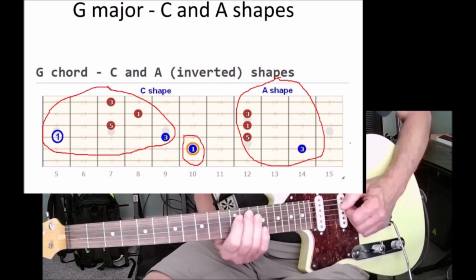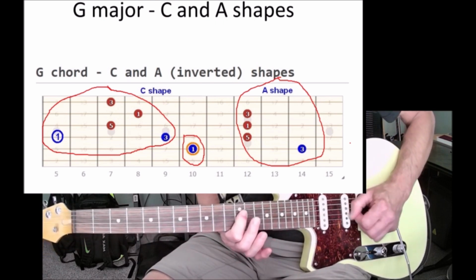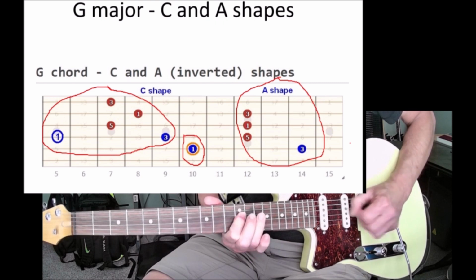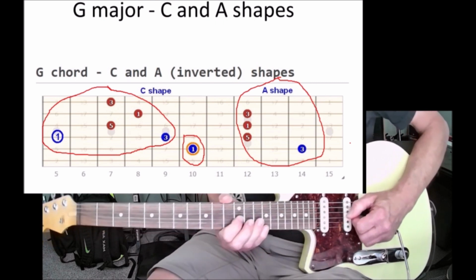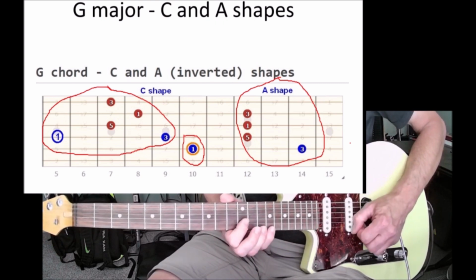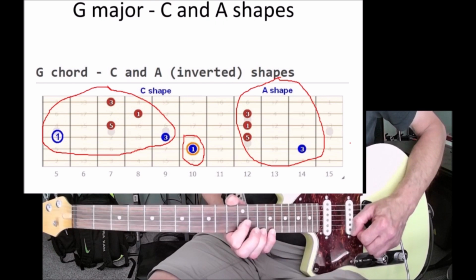So here, there's our triad, 5, 1, 3, right? If we add a few major notes, rather than pure pentatonic, let's add a couple of major notes.